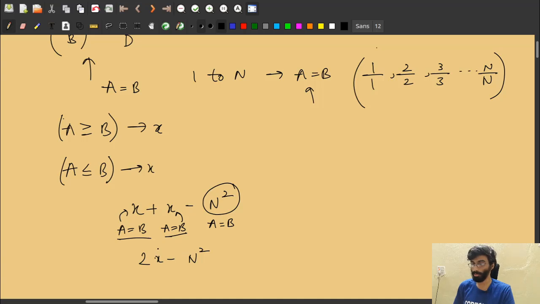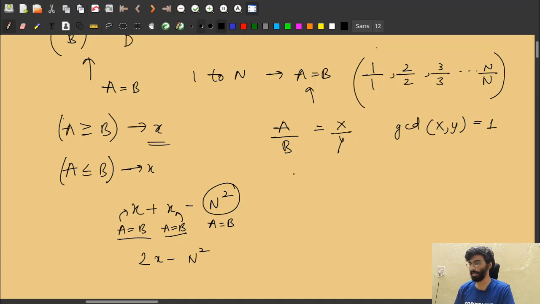Now the problem is that we have to find x, which is the number of pairs when a is greater than or equal to b. Now as I said, a by b can be reduced to irreducible form, let's say x by y, where GCD of x, y is equal to 1.